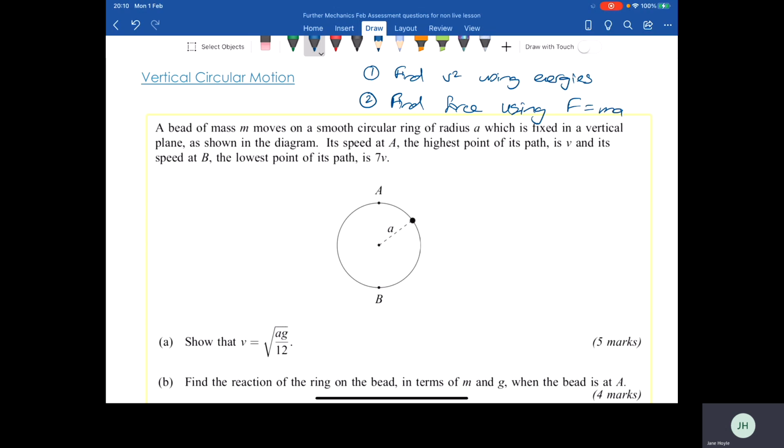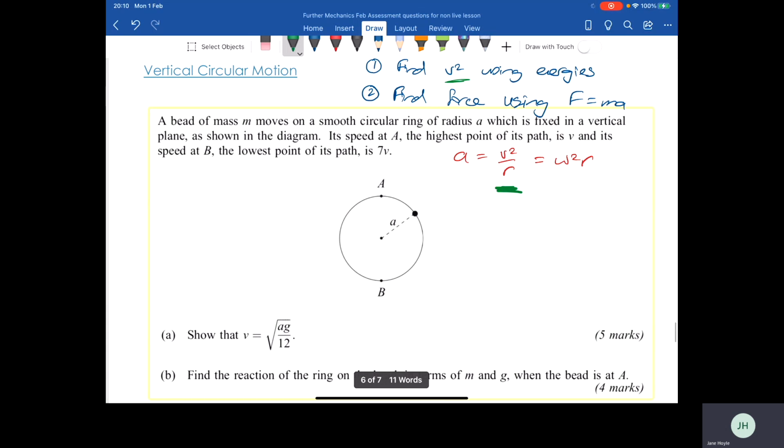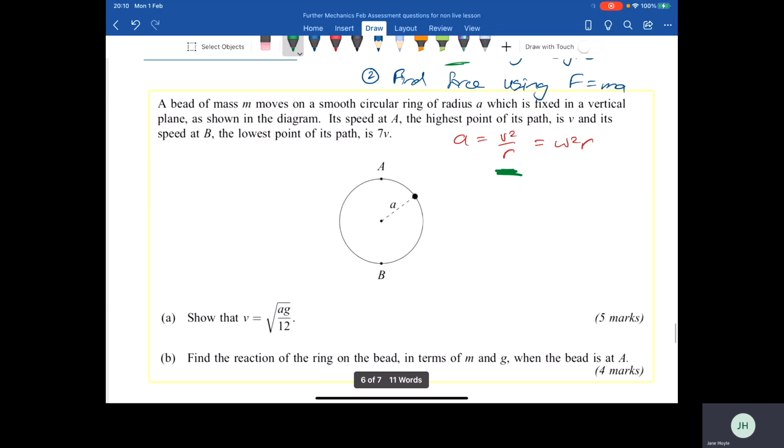But using F equals MA with the 2 different variations, v squared over r if you've got velocity, or omega squared r if you've got angular velocity. And a lot of the time, it's this first one, because in the first part, using the energies, it's the v squared that automatically pops out. Okay, so these 2 processes, however complex your situation is, if it's a vertical circle, this is what we do.